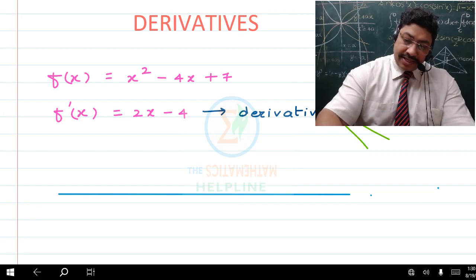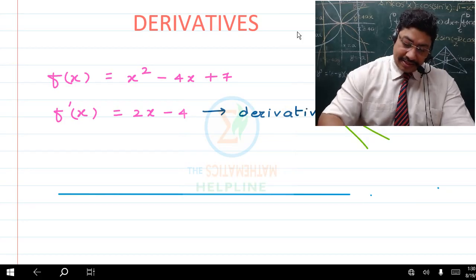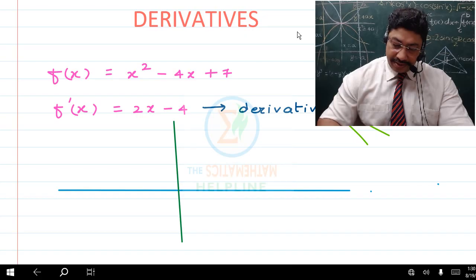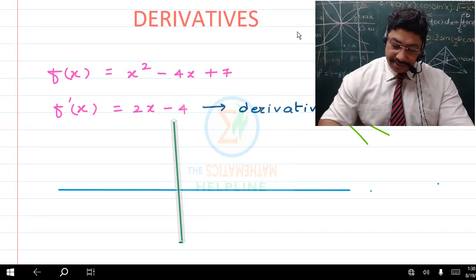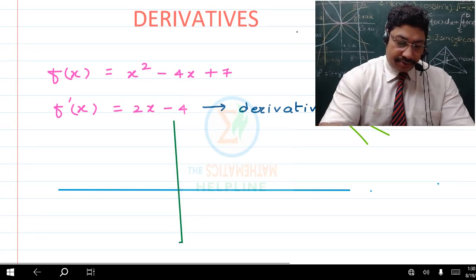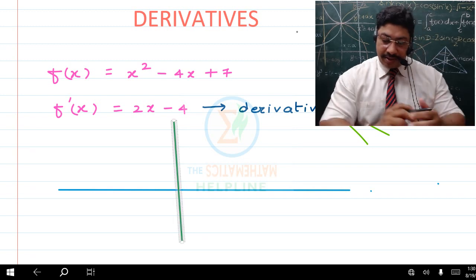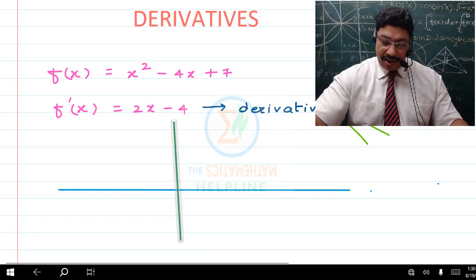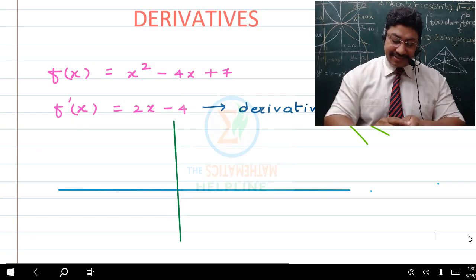Okay, let us say now that we have the y-axis, and the y-axis looks something like this, right? Okay, let's hope that this is perpendicular. So now that we have this straight line which represents the y-axis and the earlier one which represented the x-axis, right?